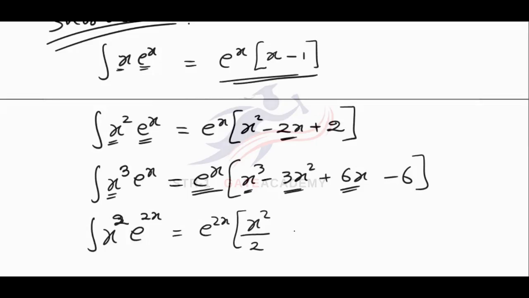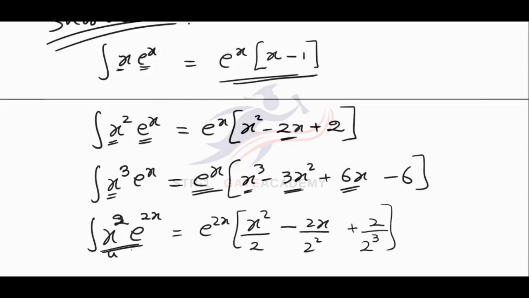The numerator will be same. x square minus 2x by 2 square plus 2. Clear? You can check it if you want.